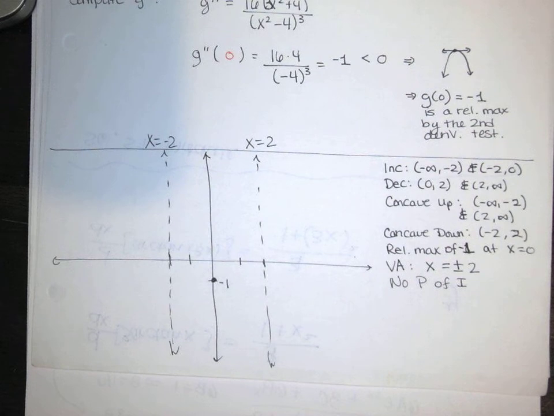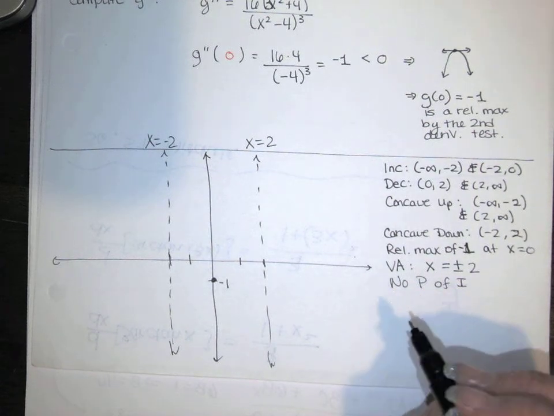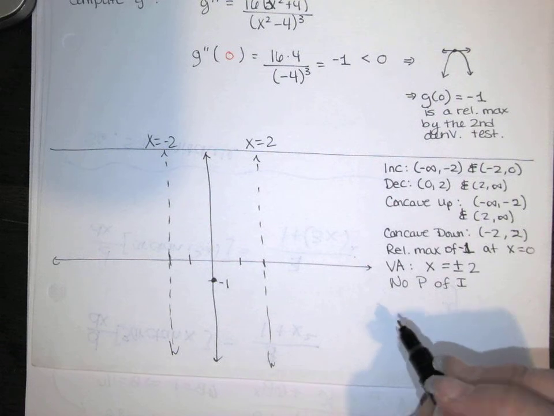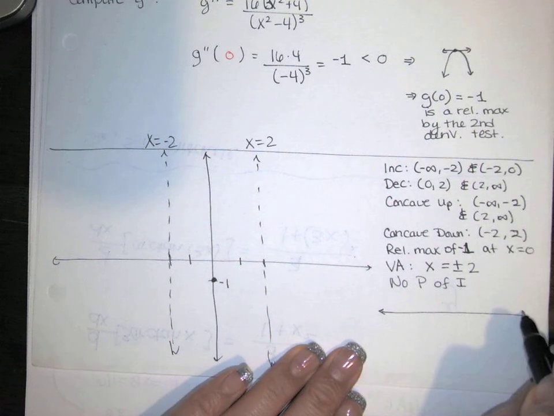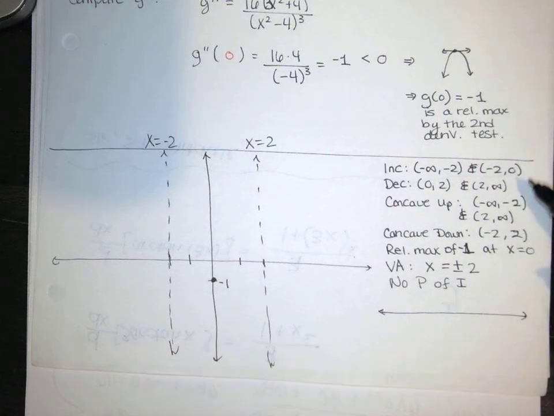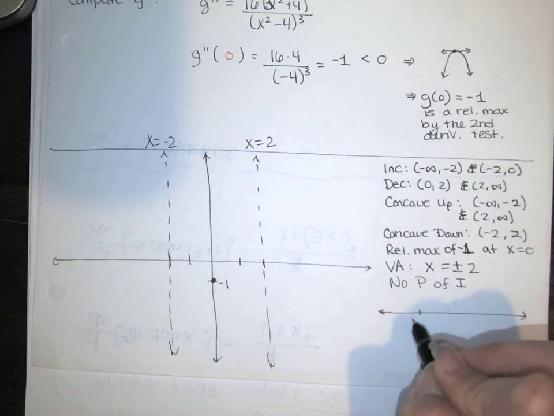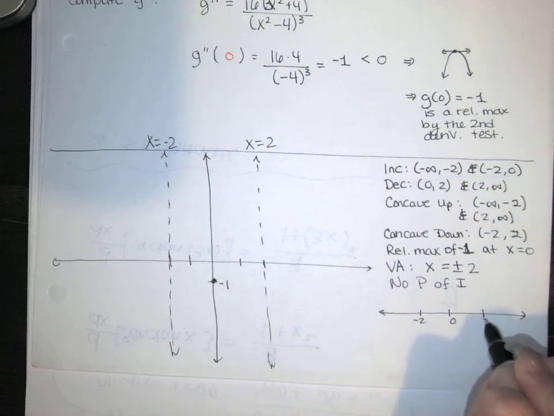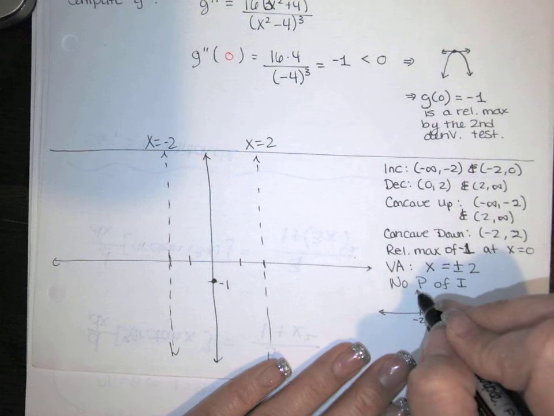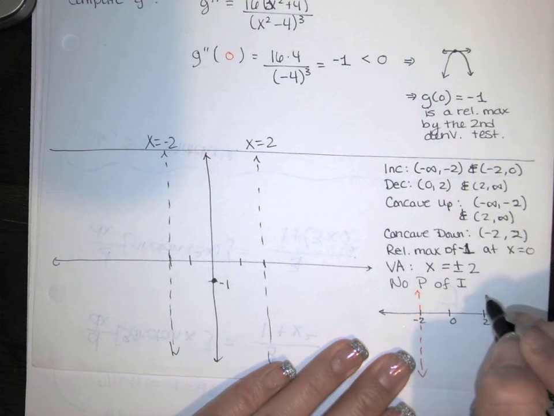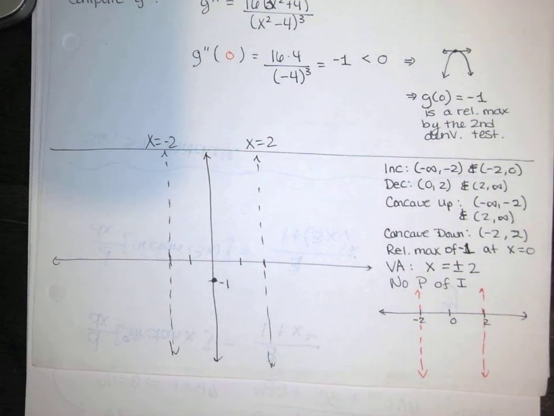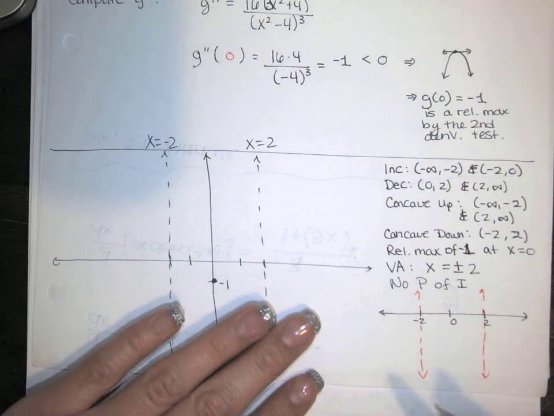And I think I want to make a little chart like we did on the last problem, using a number line again. With all of these intervals that we were given, we mentioned 0, we mentioned 2, we mentioned -2. So I want to draw all of those on this number line. And then remember that I've got a vertical asymptote right here and a vertical asymptote right here. Well, what do we know?